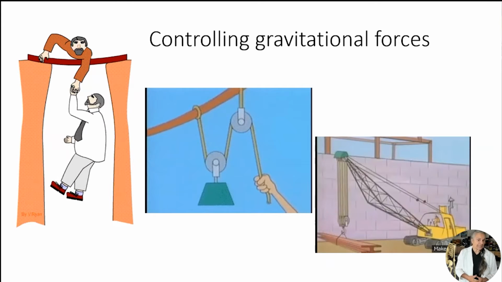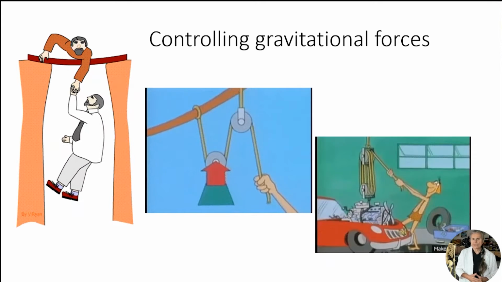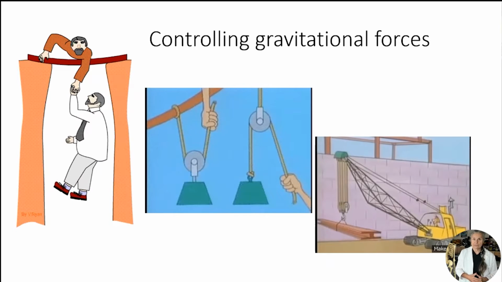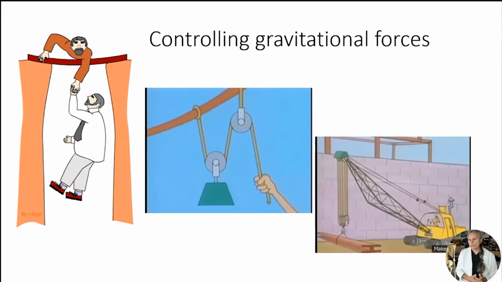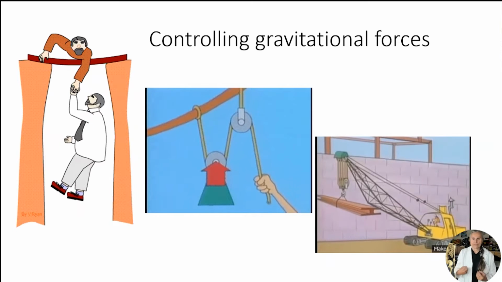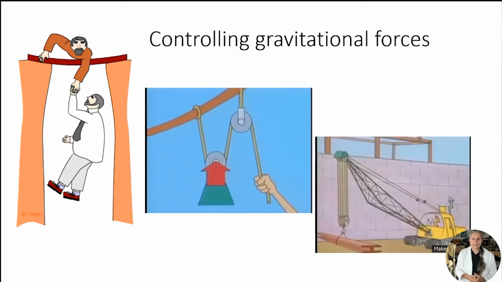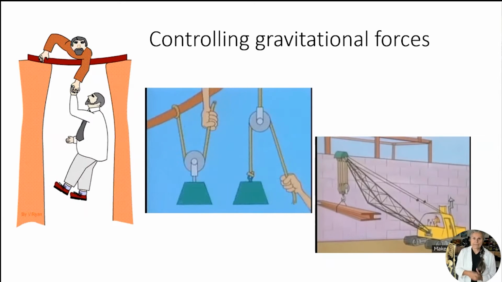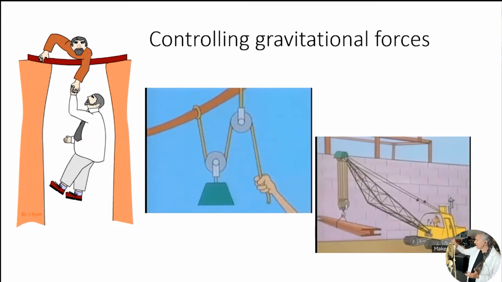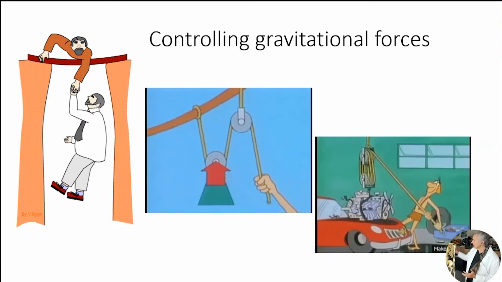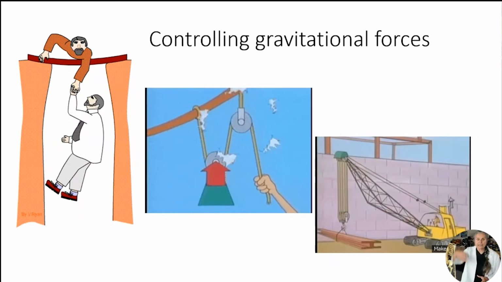And even as kids, you've learned how to control it, just like when you were a baby. Did you know how to walk when you were 2 months old? No, because gravity's pulling you down. You have to learn how to use your body to pull yourself up to defy gravity. And that's what our skeleton, if you notice here, Charlie has legs and a backbone to make us straight.